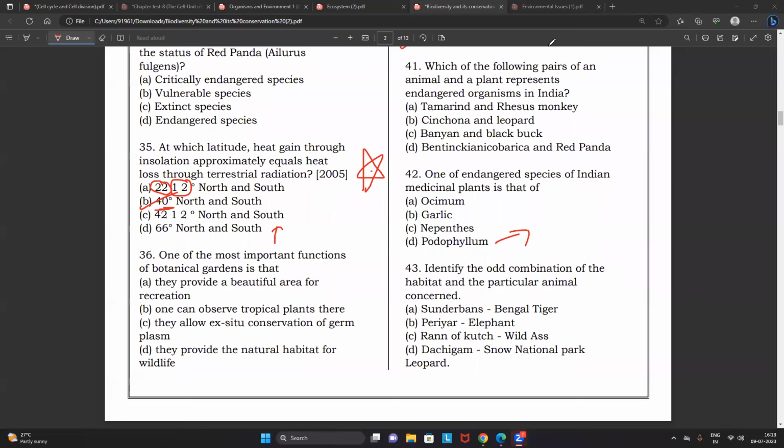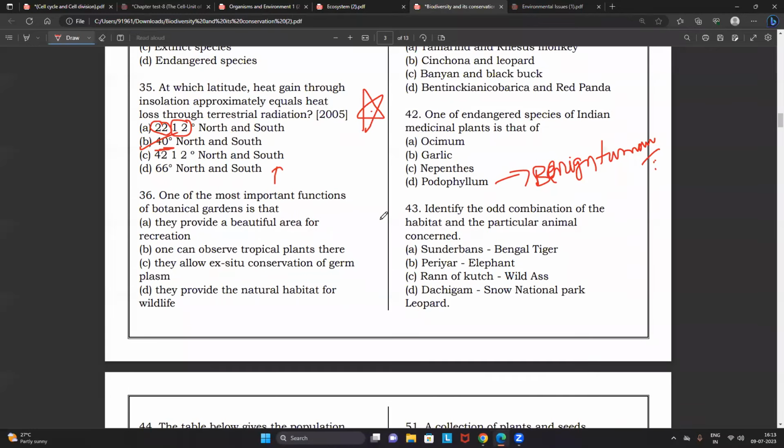Most of the students will think that podophyllum is involved in the removal of the tumor. That is a wrong statement, okay? In the question, they can ask which is involved in the treatment of benign tumors. It is not cancerous, okay? In a normal benign tumor only, we will use this particular podophyllum, not in the cancerous. No need to get confused with that.